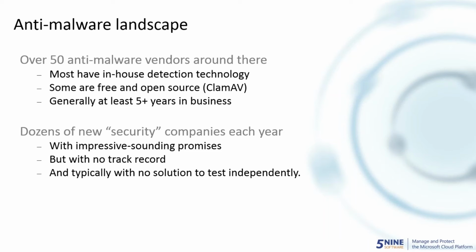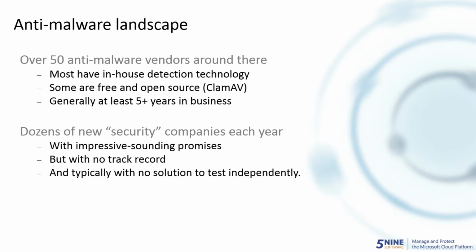Some recently licensed technology from other anti-malware vendors, from Bitdefender but from others too. There are even some free and open source security products which have been around for a while, such as ClamAV. Typically, those security companies are at least 5+ years in business, and some have been there over 12, 20 years or even more.